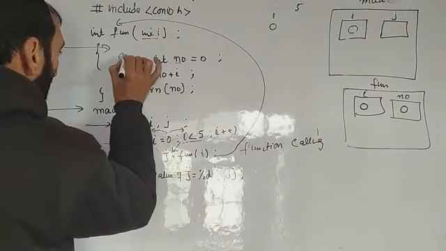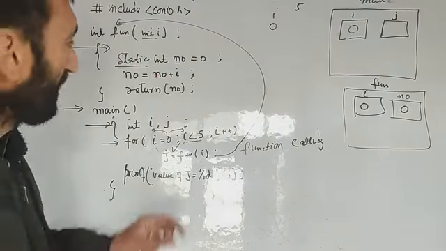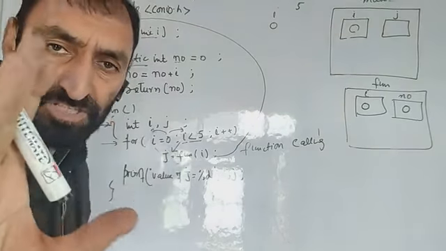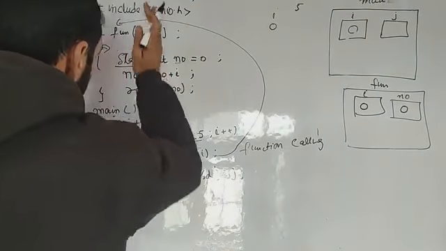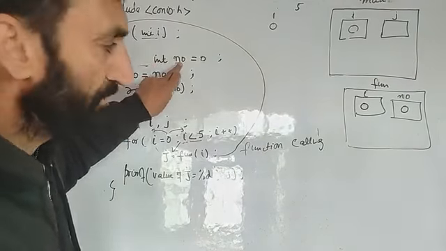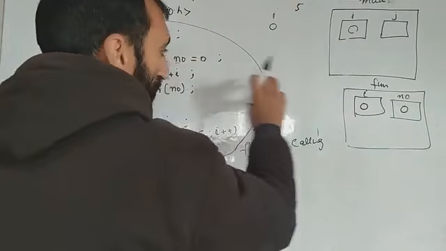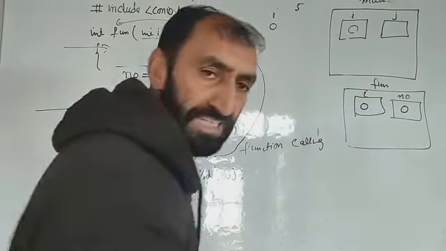If I had written static here, what would static mean? Here I have declared only an int variable called number with value 0.